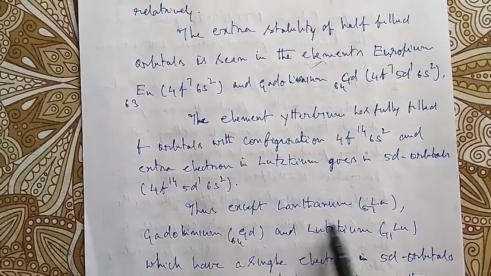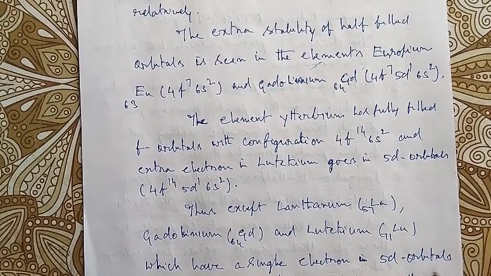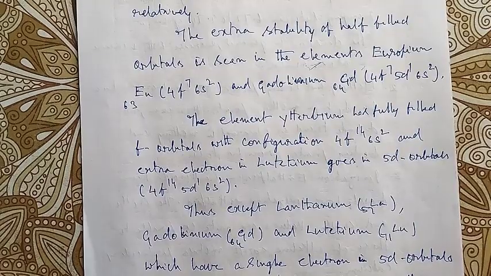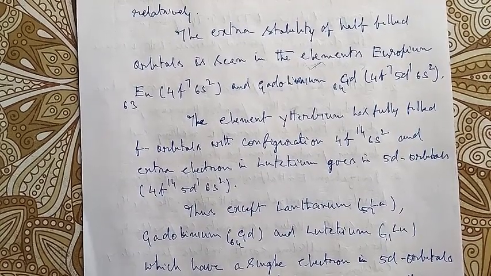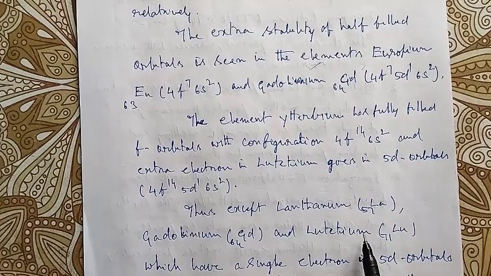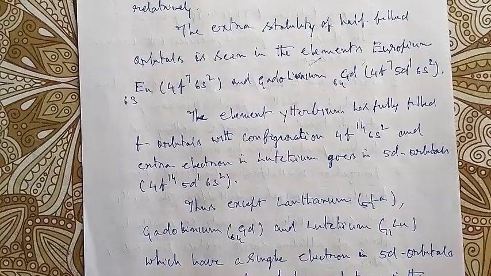Thus, except lanthanum, gadolinium and lutetium, which have a single electron in 5d orbitals, the lanthanides do not have electrons in the 5d orbitals.